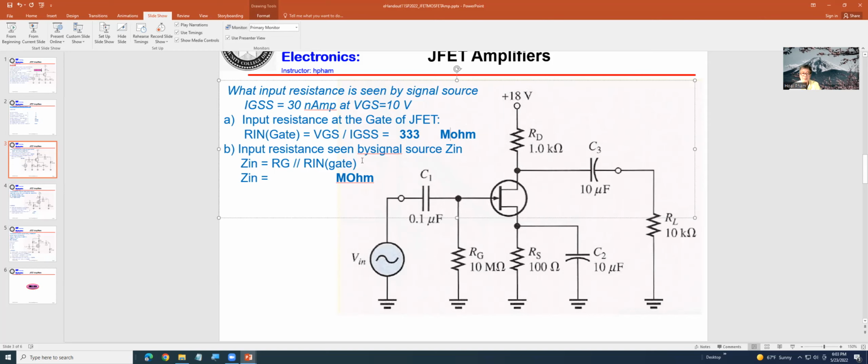You get the input resistance for the gate, 333 megaohm. Also, you can see another one, RG, 10 megaohm.